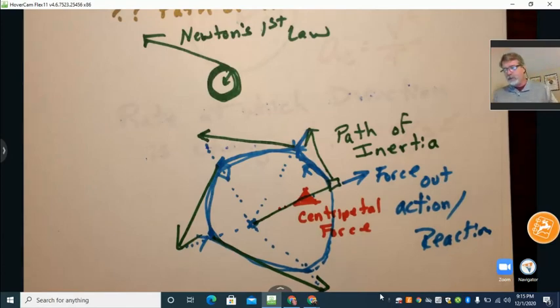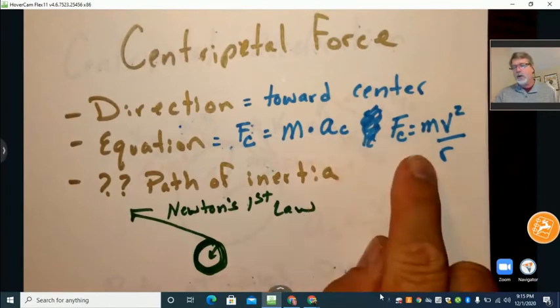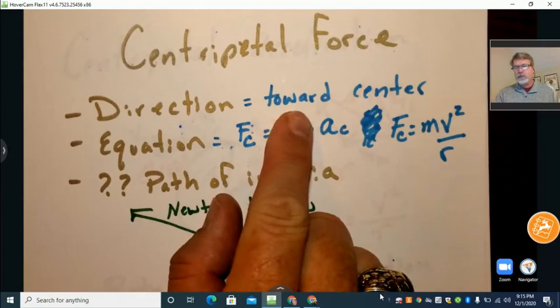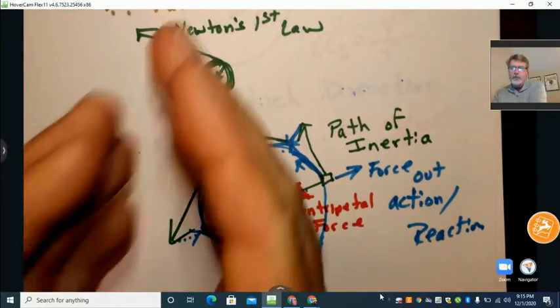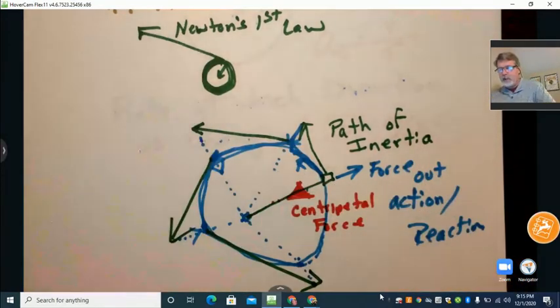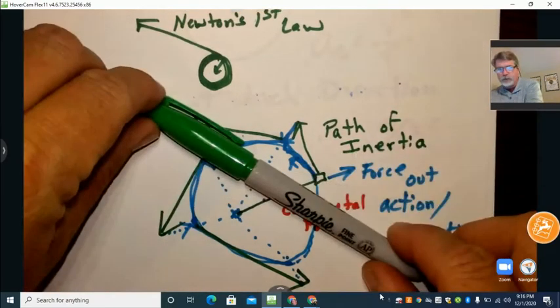So the centripetal force of an object is simply calculated by F equals ma, or mass times v squared over r. The centripetal force is always towards the center of a circle, even though you feel that force pushing you out. So if we take this little pin and the cap, if I spin that cap quickly, the cap doesn't get pulled closer to the pin.